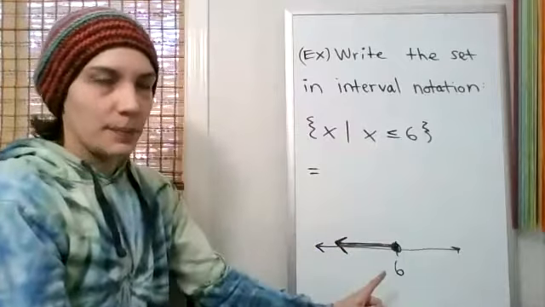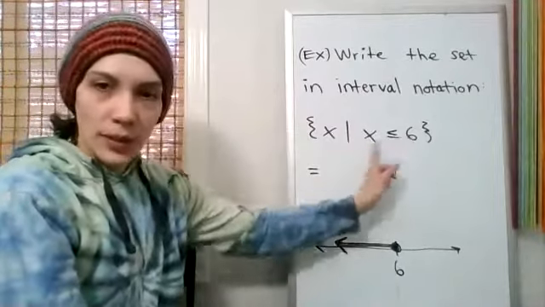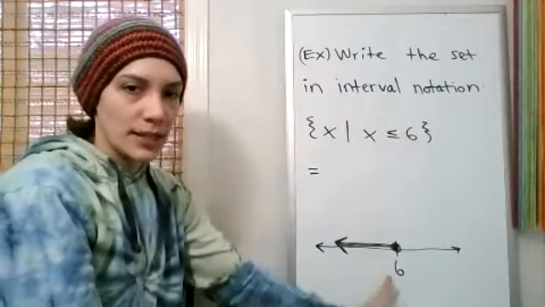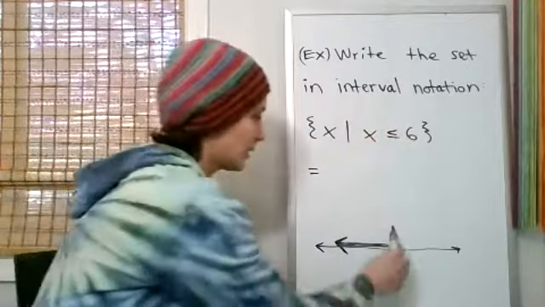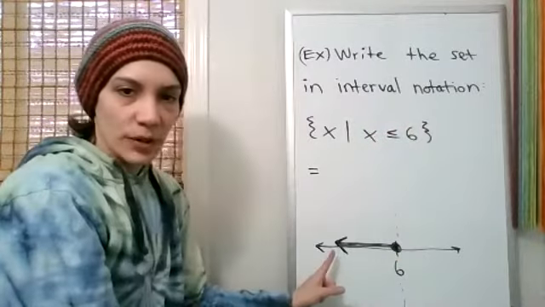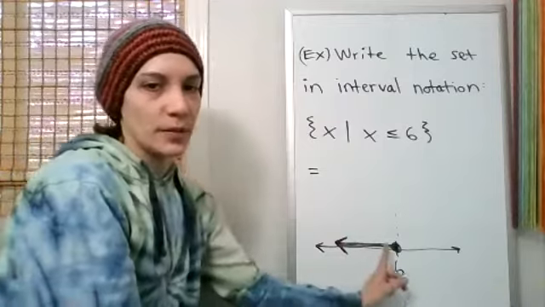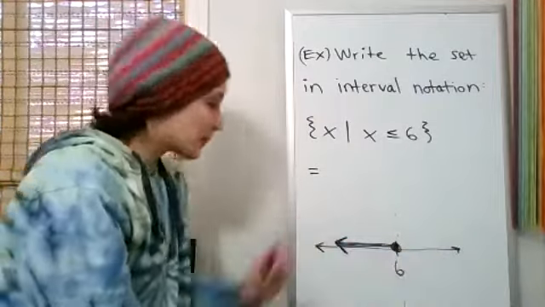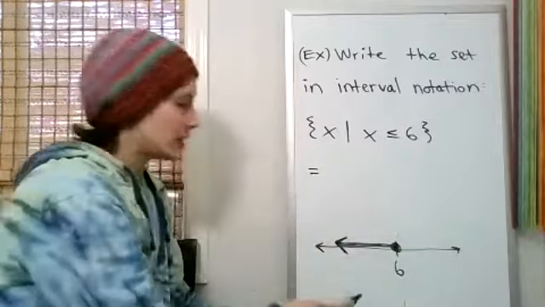And if it's new to read this, what you can do is use 6 as a place to cut the number line in half. And you can test some number below 6 or some number above 6 and just see which side is true, which side is false. We'll do 1 for today.